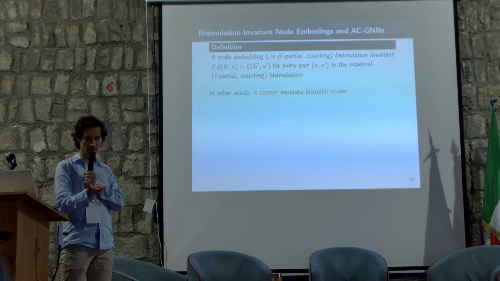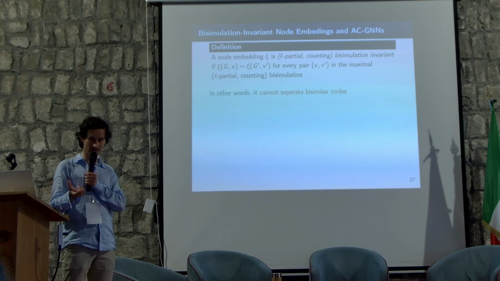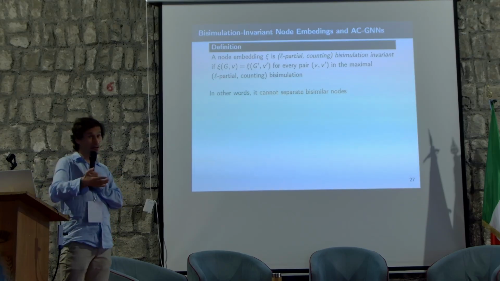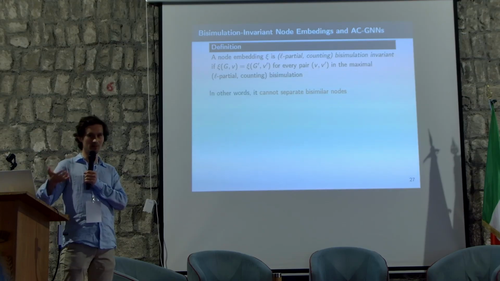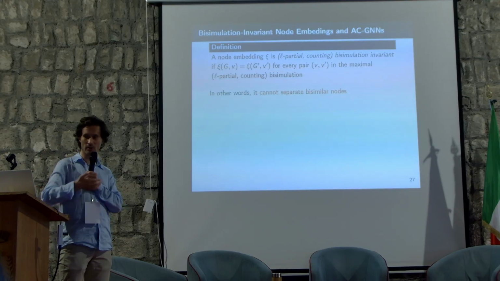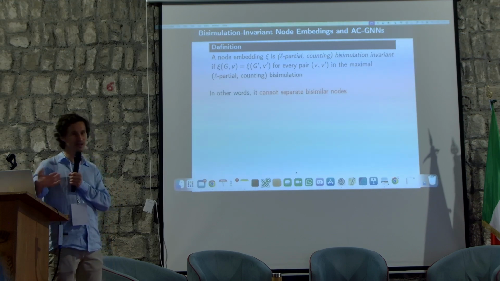So if two nodes are bisimilar, then the function must give the same answer. Bisimulation invariance. And then we can, of course, modify this definition for counting bisimulation or partial bisimulation in the same way, so we can't distinguish this, we can't distinguish that.